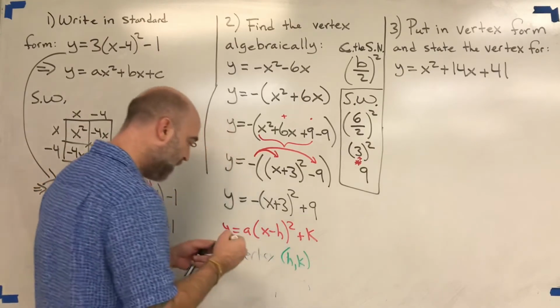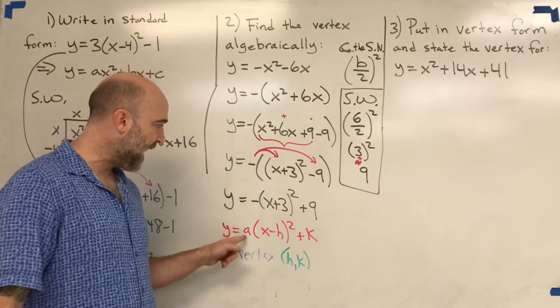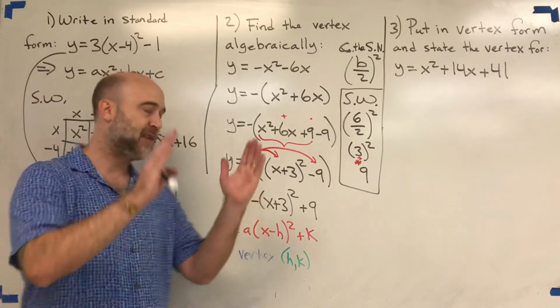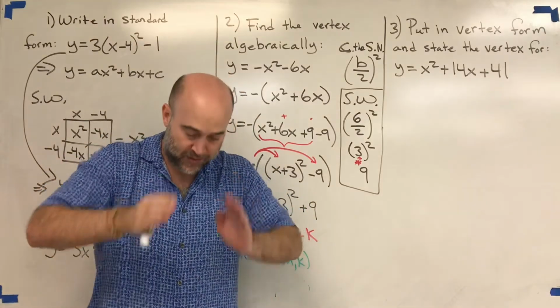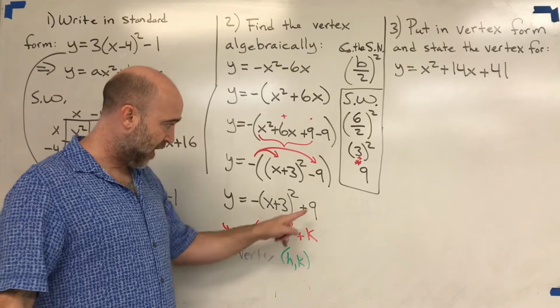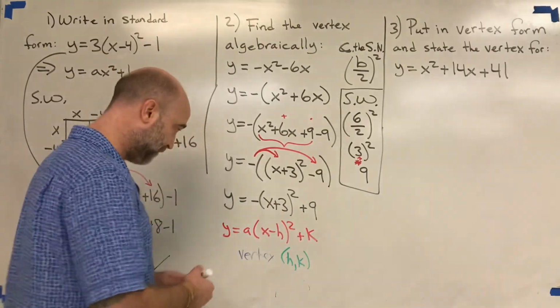All right, so let's just analyze this while we're here. The a is negative 1. A negative for a means the parent function, that's usually a parabola, now faces down, so it's a parabola facing down. And then our h and our k are listed as the x and the y for the vertex.